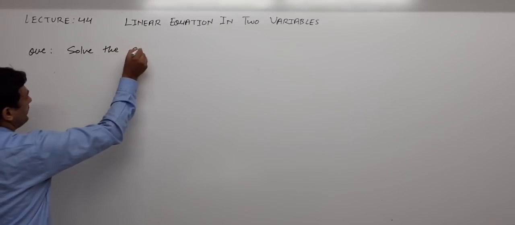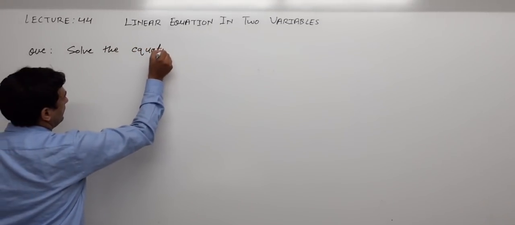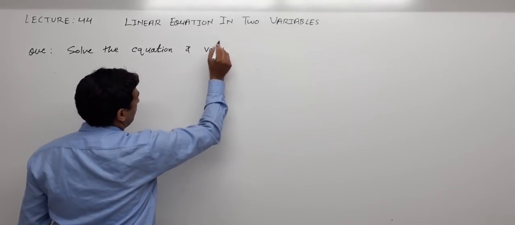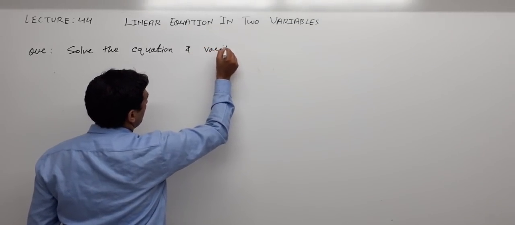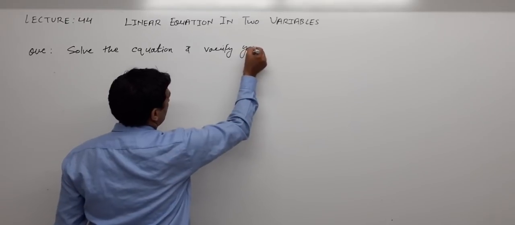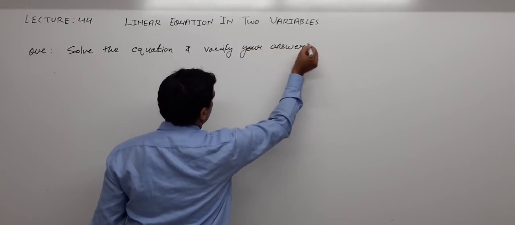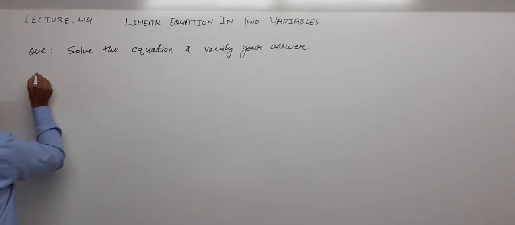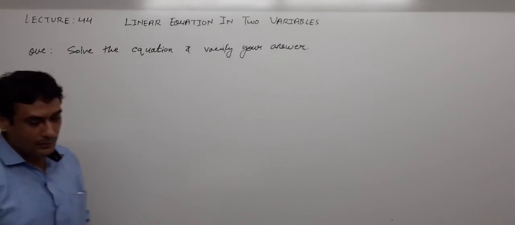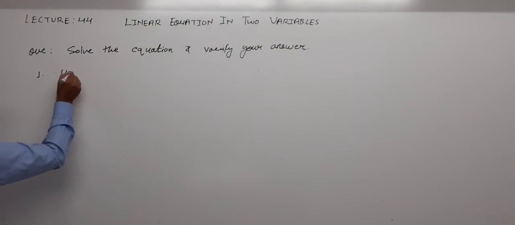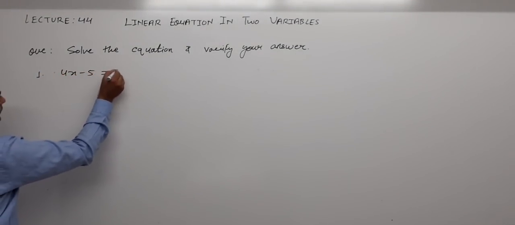Solve the equation and verify your answer. In this first one, 4x minus 5 is equal to 3.